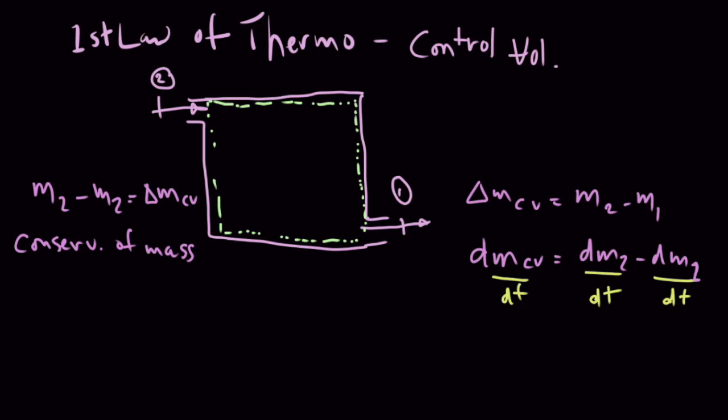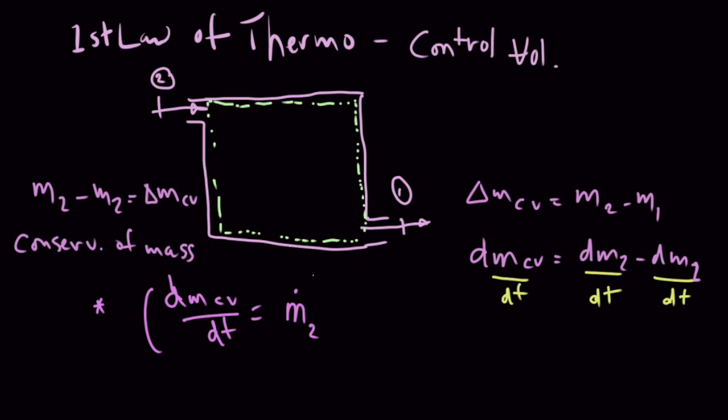So assuming an infinitesimal time lapse, we can therefore say that the differential of the control volume, dt, is equal to, so instead of saying dm2 dt, we're going to just use our dot form to tell us that's rate.